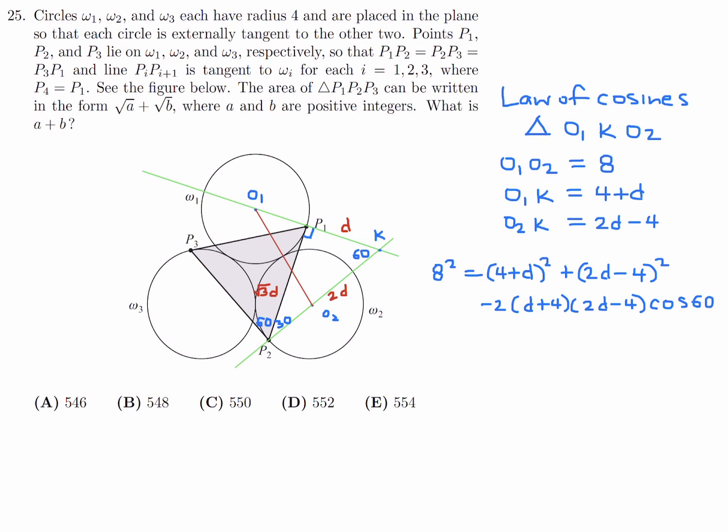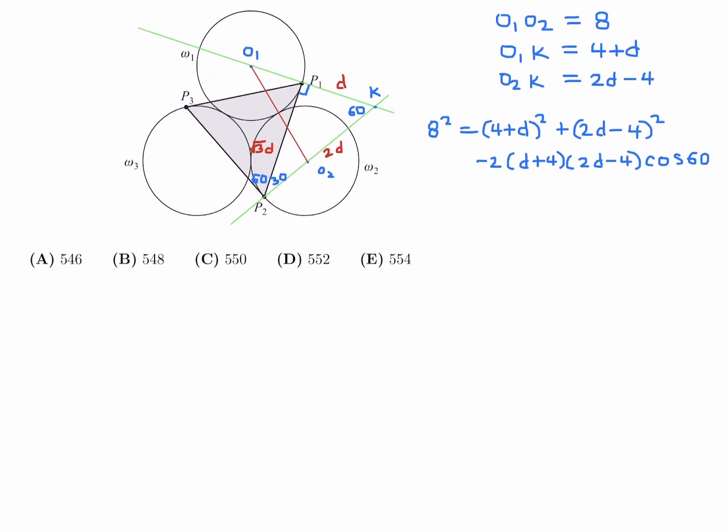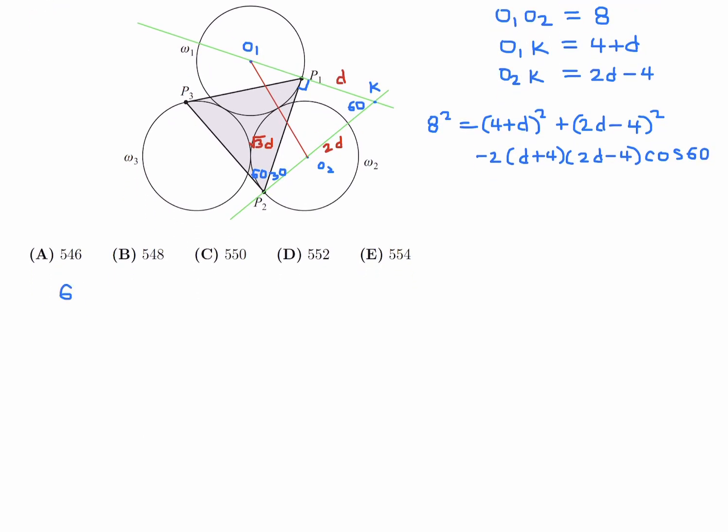So now let's do this. 64 is equal to d squared plus 8d plus 16 plus 4d squared minus 16d plus 16. Now the cos of 60 is a half, so that will just cancel with that 2. So I can just expand those two now: 2d squared minus 4d plus 8d minus 16.